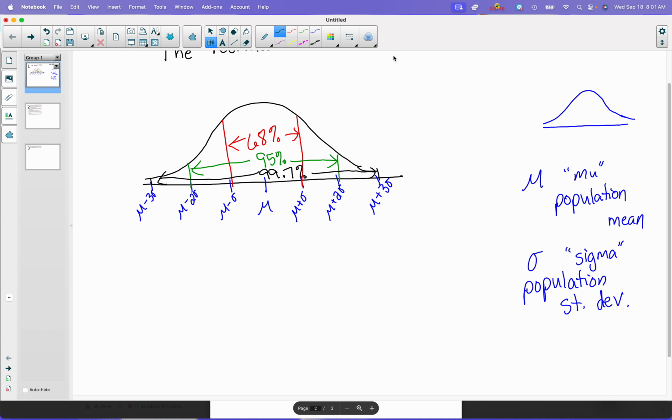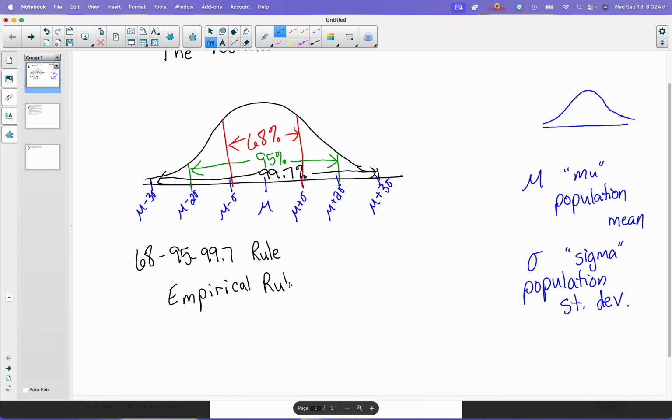Now, this characteristic has a name, very conveniently named the 68, 95, 99.7 rule, which is great if you remember it with that name, because then you also remember the numbers. It has another name you might hear, called the empirical rule.